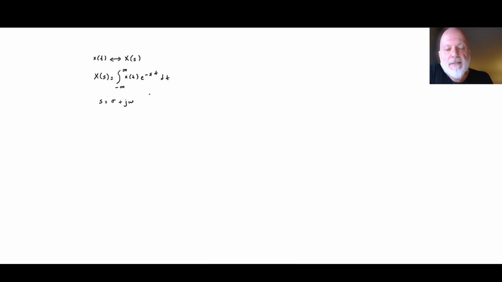So s is the complex variable in the definition of Laplace transform.